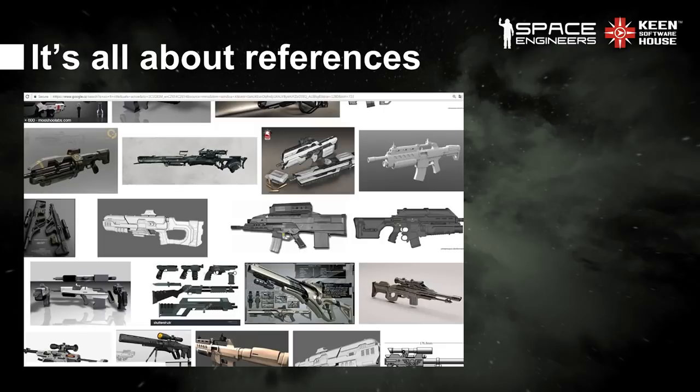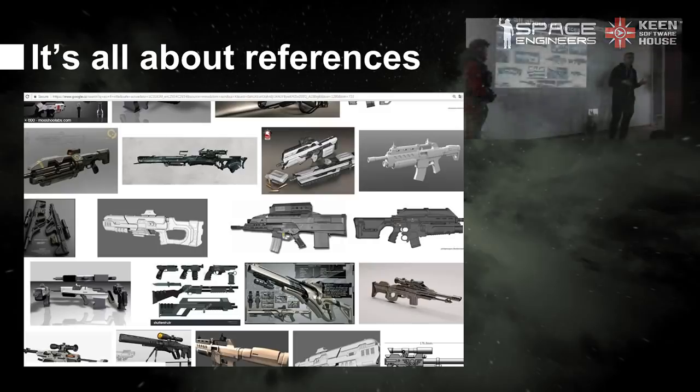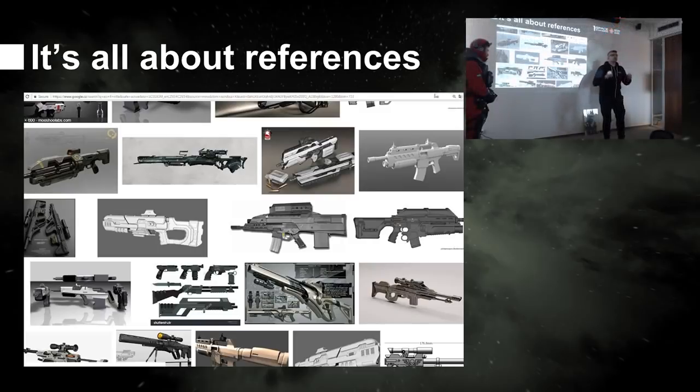References. It's all actually about references. The best references are the real references, as you know. So it's the wrong way to take as a reference something from other games.